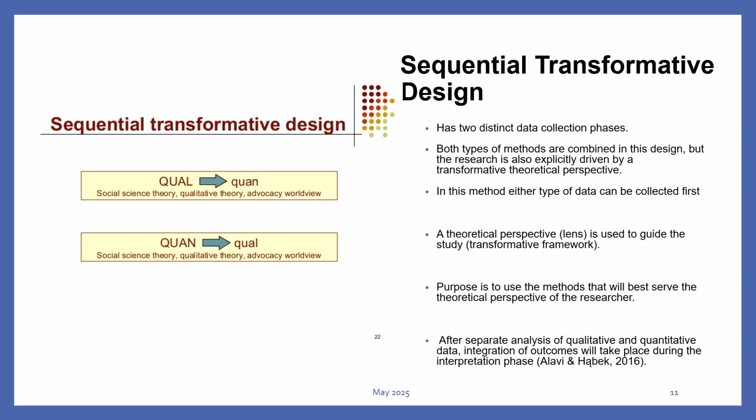That's why it's called sequential transformative design. So the purpose is to use the methods that best serve the theoretical perspective of the researcher, and after separate analysis of the qualitative and the quantitative data, integration of outcomes will take place during the interpretation phase.